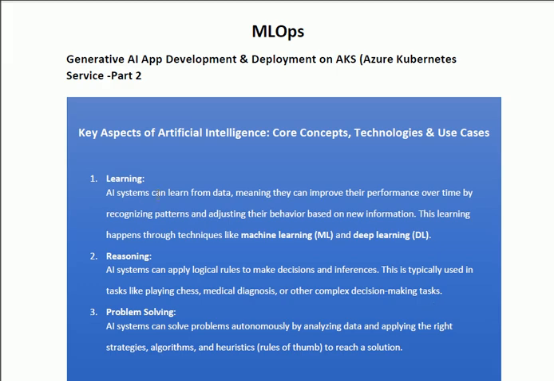In case of learning, we can use different machine learning and deep learning techniques based on new information. And the third one is problem solving. We can solve complex problems by using AI. AI systems can solve problems autonomously by analyzing data and applying the right strategic algorithm to reach the solution.